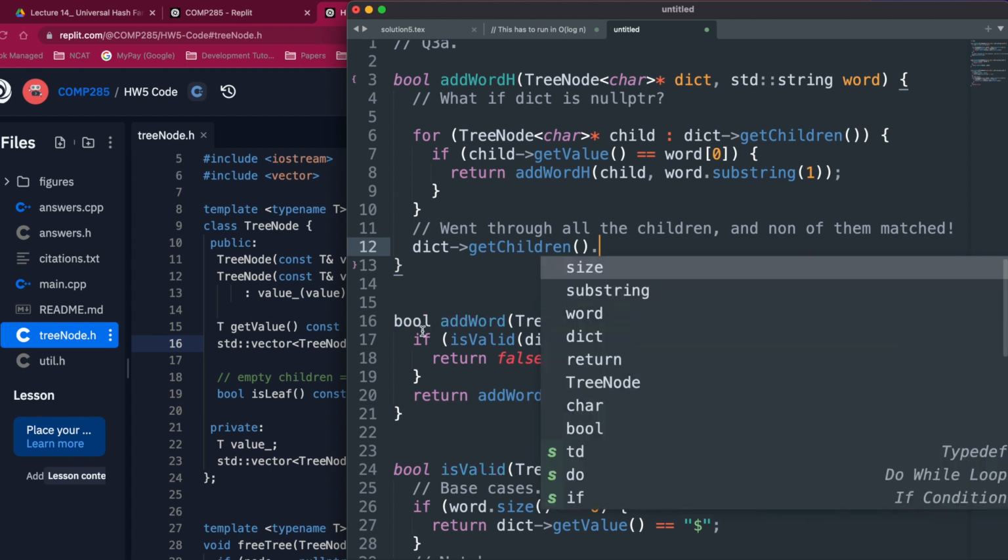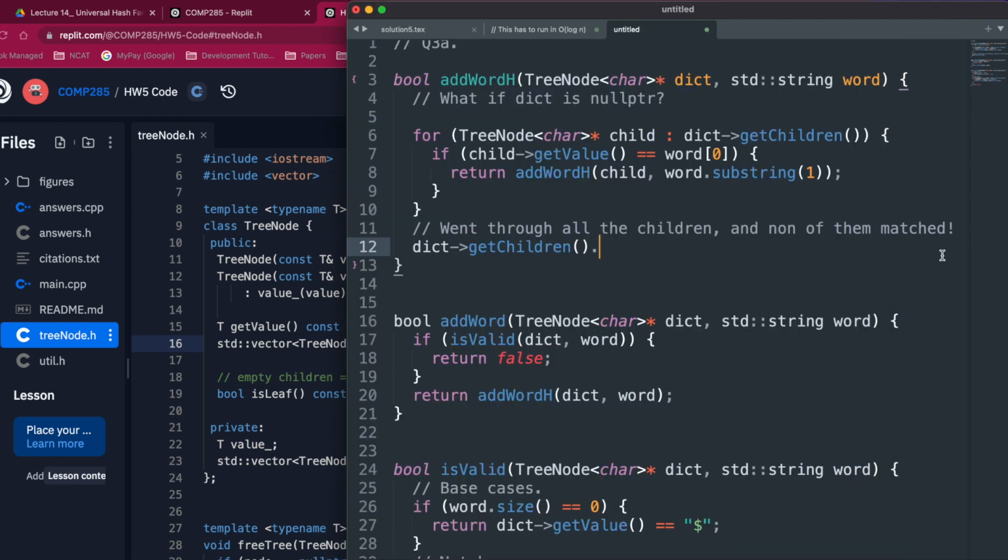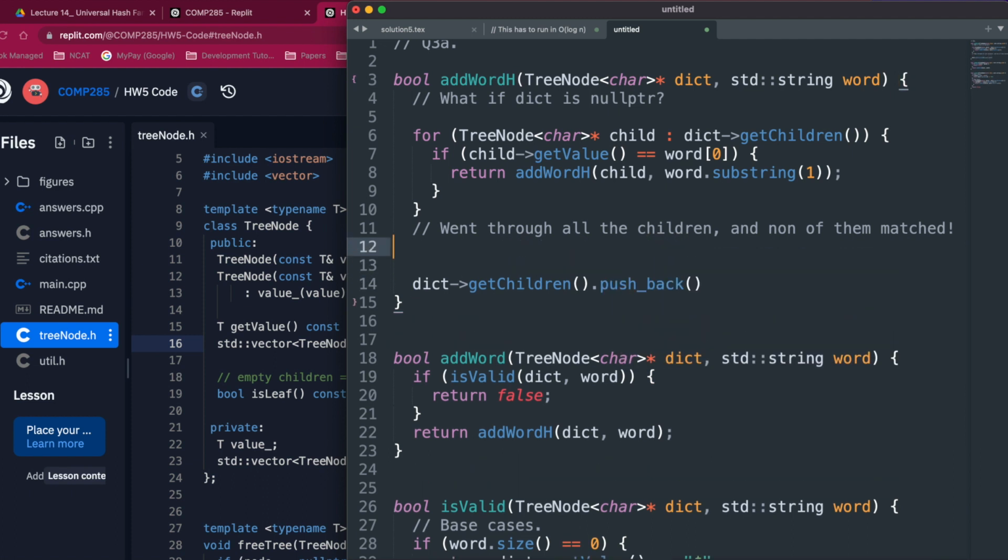Get children returns a vector of pointers, and then here is where we would push back essentially a new tree. So let's create that new tree. We would say new tree node with a character. Here it is. So new tree is this.